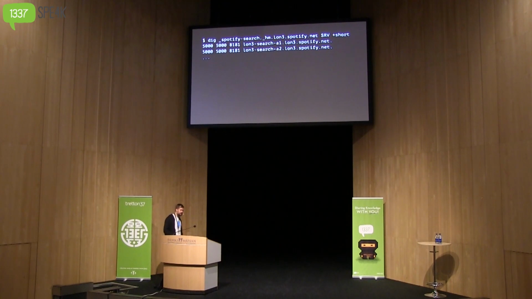We don't use it very much for load balancing, but it's part of the protocol, and you can do that if you like. Service instances can either dynamically register themselves and say that I'm on this node running on this port, and DNS will reflect this, or they can be statically registered in our zone files.